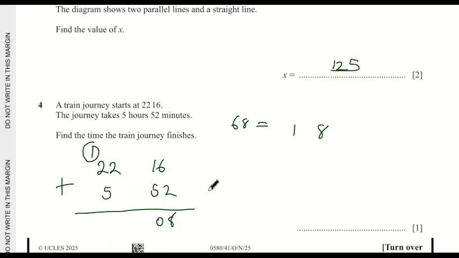So we have 28 hours. Of course, in a day, we have 24 hours. So we do 28 minus 24. So we have 4 hours. That means we have 04 here. So that means our time will be 0408.